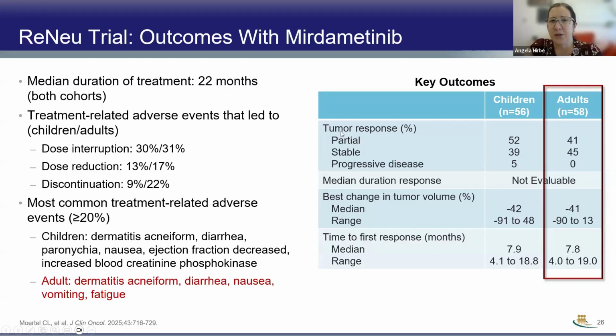And if we look at the tumor response, 41% of patients had a partial response in the adult cohort, 45% with stable disease, nobody progressed. Best change in tumor volume was a reduction of 41%. And again, the median time to first response was about 8 months. And so you're not getting a quick change in radiographic response. And those numbers were pretty similar for the children as well.